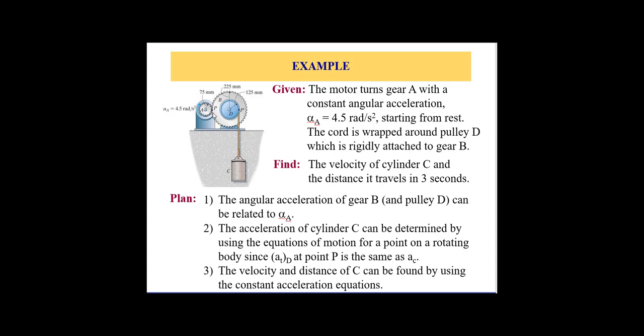This gear is meshed with another gear B, and gear B is attached to a pulley that doesn't have any relative motion with B, but is welded to it, and there is a cable or cord wrapped around the pulley D that has a dimension of 125 millimeters, and gear B has 225 millimeters, and gear A has 75 millimeters.